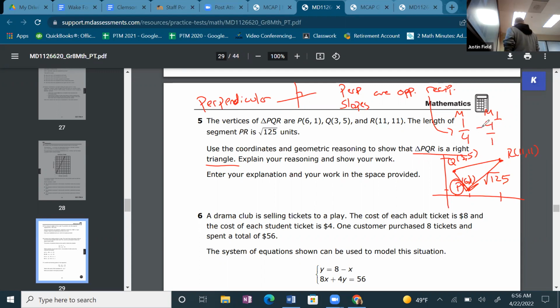So you got to flip it and change the sign. Opposite reciprocal, or we could say it's flopposite. But don't put flopposite on the MCAP test, okay? They won't understand. Only I would understand, but I'm probably not grading your MCAP.